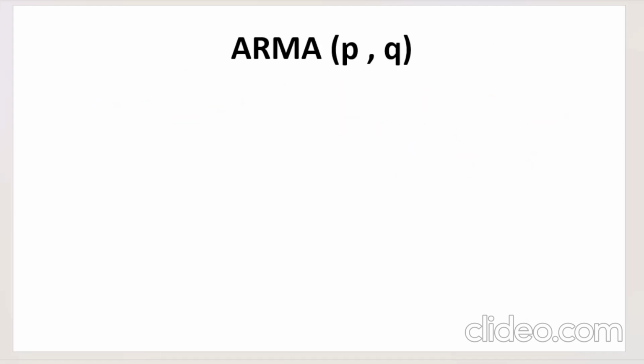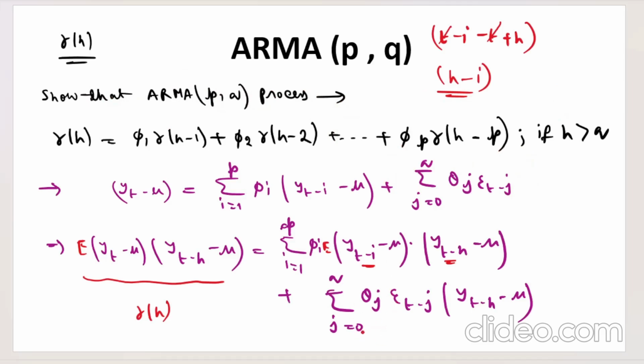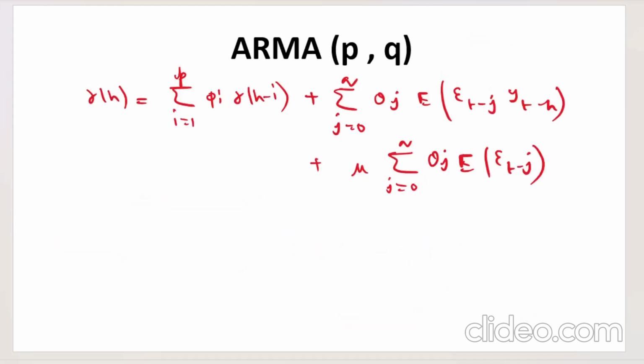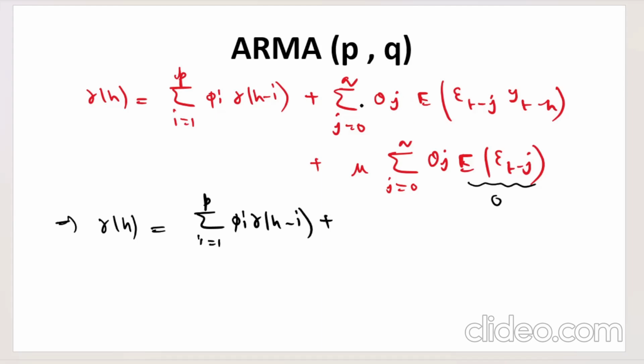So this is one part, and in the second part, summation j from 1 to q theta j epsilon t minus j into mu. So this mu will come out here. Now epsilon t follows white noise, so this expectation will be 0. So what you will have is summation i from 1 to p phi i gamma h minus i plus summation j from 0 to q theta j, expectation of epsilon t minus j into yt minus h.